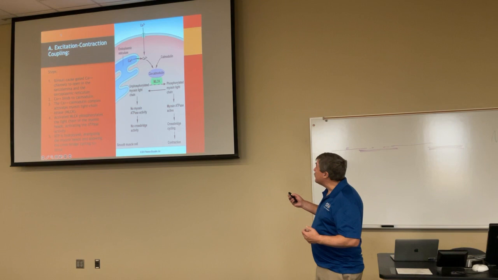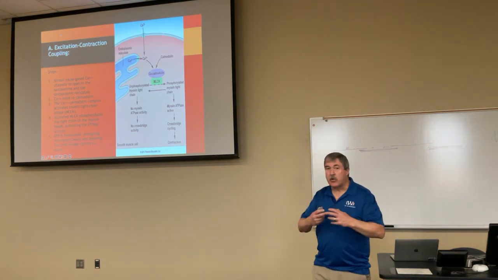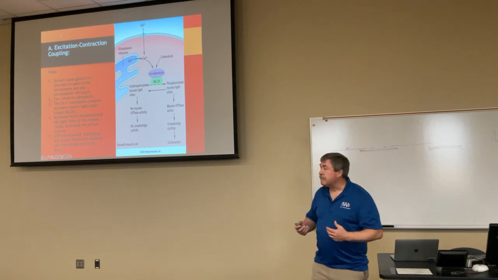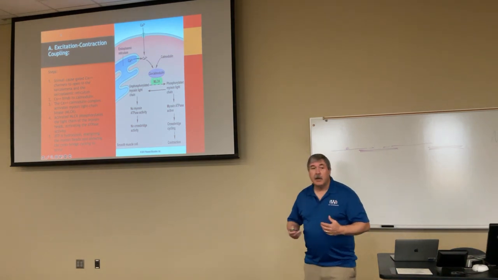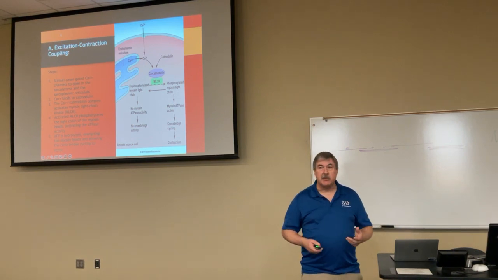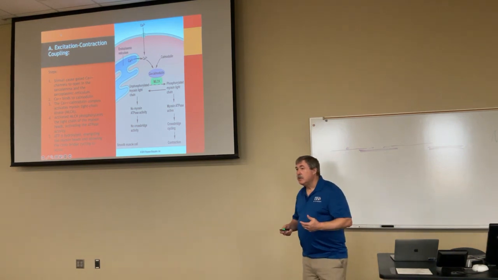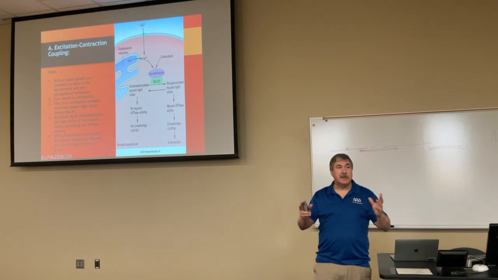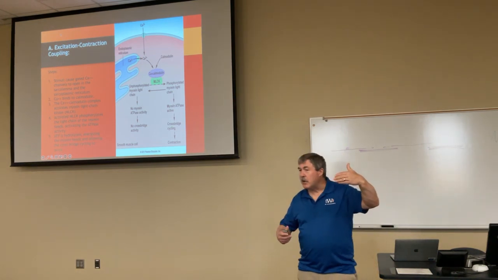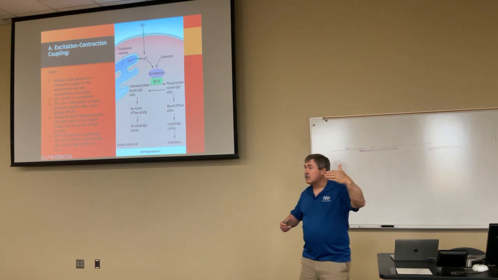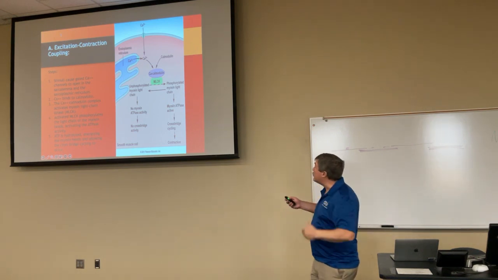So the stimulus causes an action potential to occur on the sarcolemma, and that causes the opening of voltage-gated calcium channels, just like what happens in the synaptic knobs of motor neurons of the somatic division.